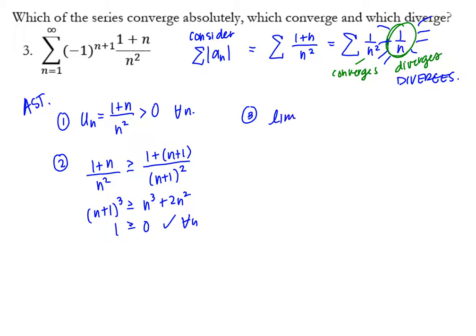The limit as n approaches infinity of the un, 1 plus n over n squared, really is 0. So we can say, therefore, by the alternating series test, the series that diverges in absolute value converges conditionally. It's a conditionally convergent series.